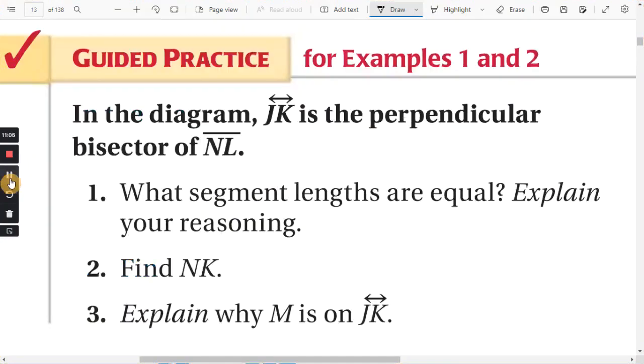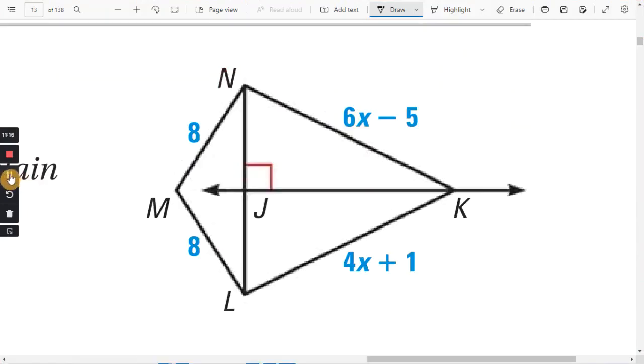Let's check out guided practice. JK is the perpendicular bisector of NL. Let's try number 1. Which segment lengths are equal? Please tell me which segment lengths are equal. If JK is the perpendicular bisector, it's bisecting this right here.